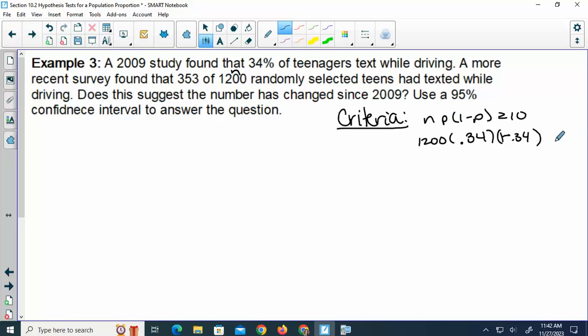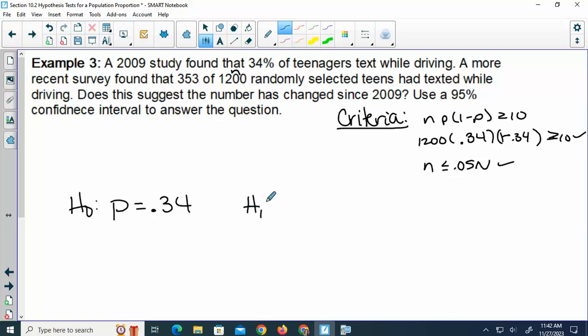So that's 269, so it's definitely bigger than 10. We also need to verify that this be less than 5% of the total population. Would 1,200 teens be less than 5% of the total population? So that's good. So then null is that our proportion equals 0.34.